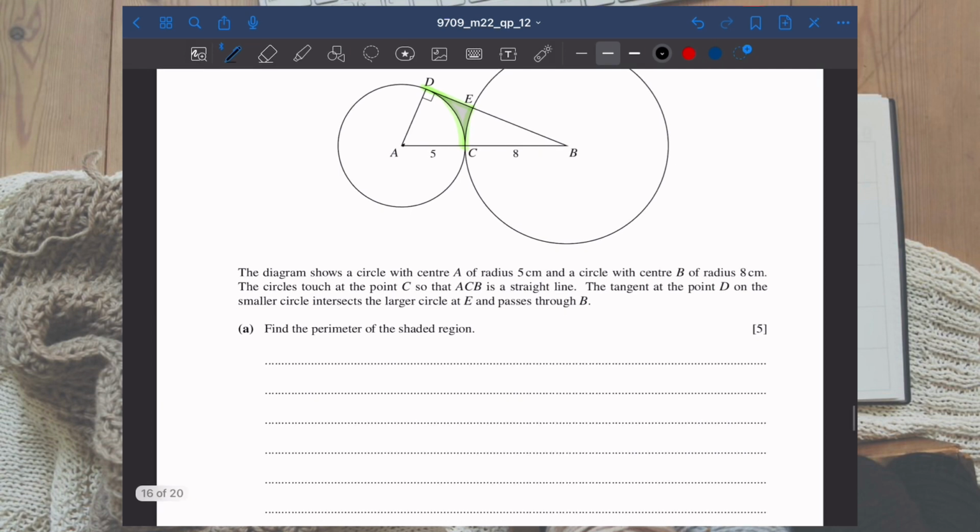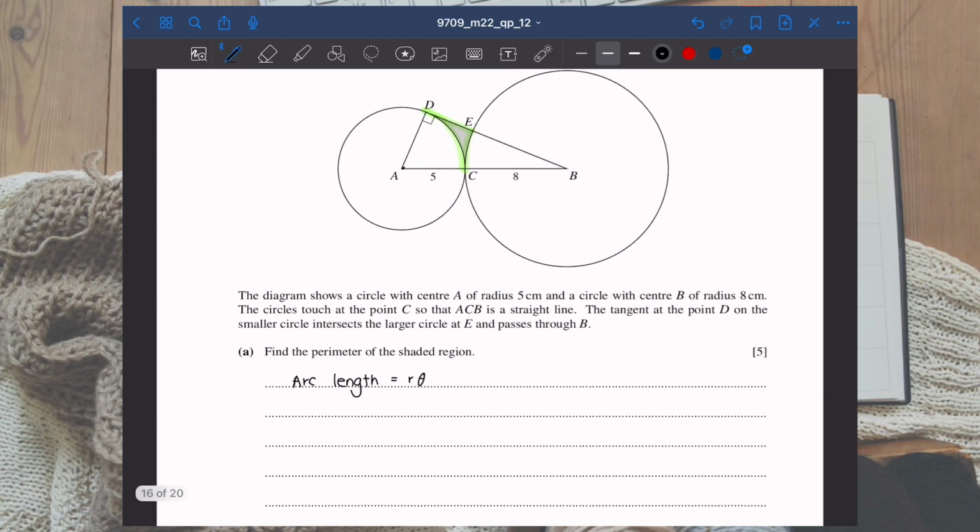So the arc length will equal r theta. So we have our radius, which is 5. So we need our theta.